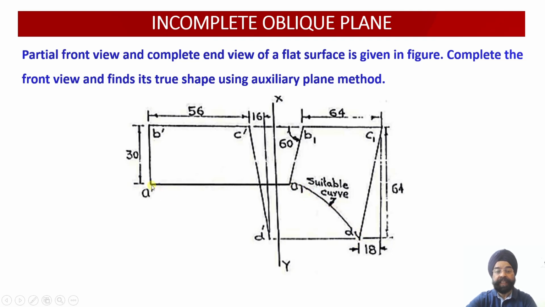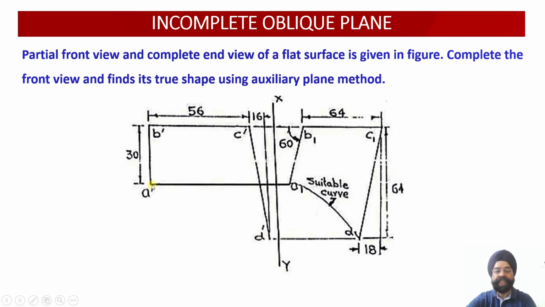Another thing we need to work out here is that we have to complete the front view of this lamina, which has a curved section, but this is a missing section. Usually we plot all the points forward, but in this case we have to carry out backward interpolation, or backward tracking, of this curve.